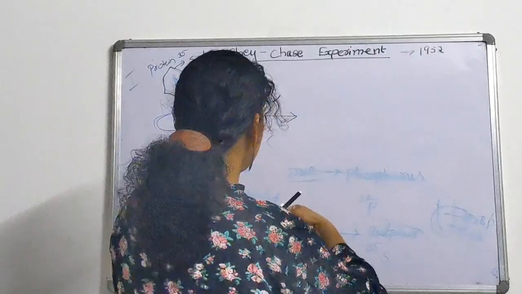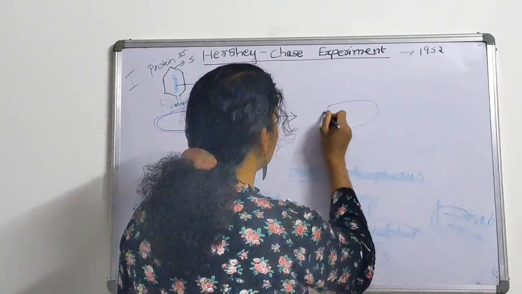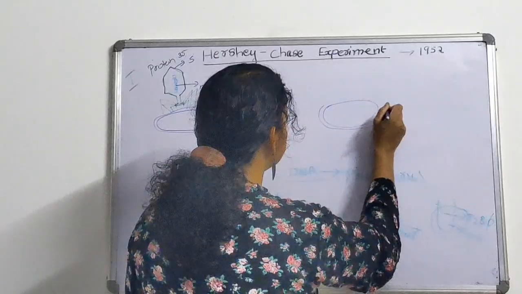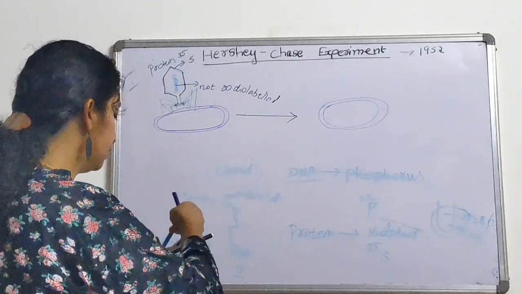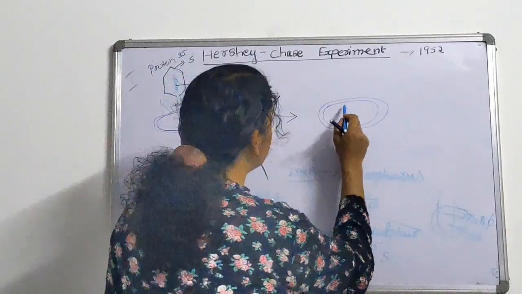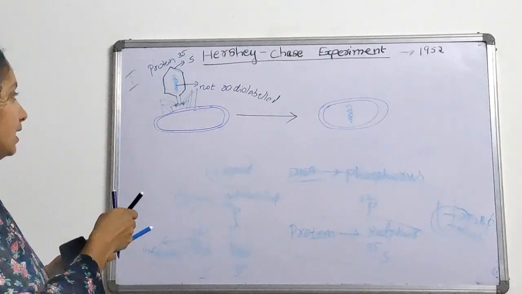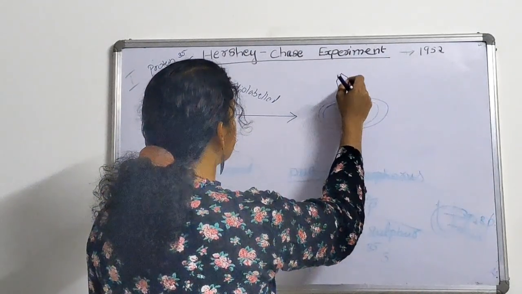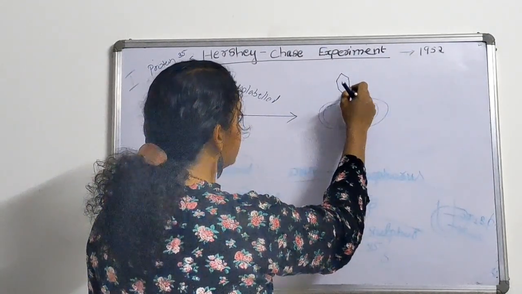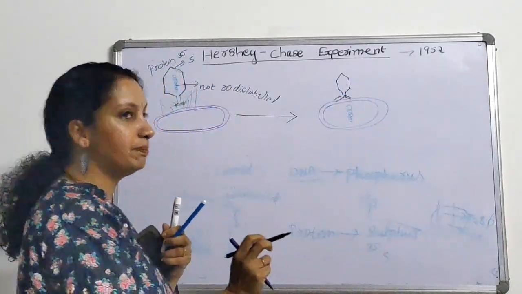In the next case, if this is the bacterium, we can see the DNA has entered, and the capsid stays away from the bacterium with its tail fibers and tail plate.